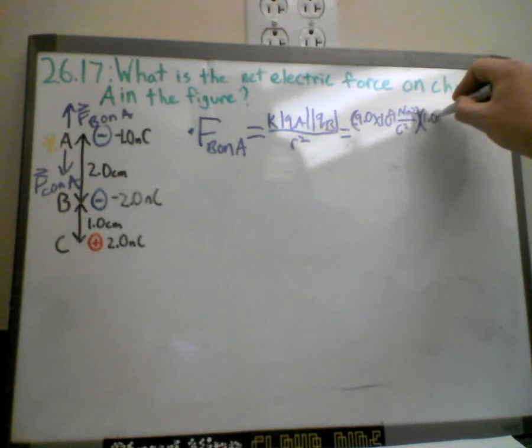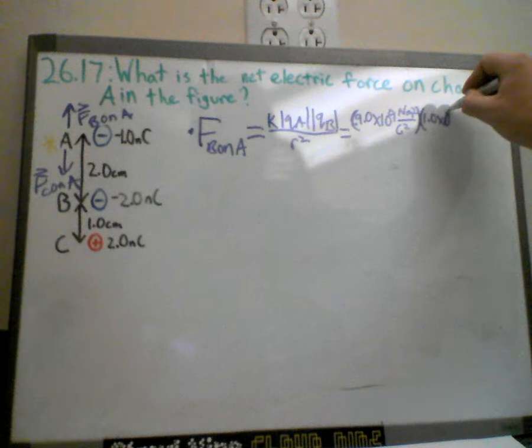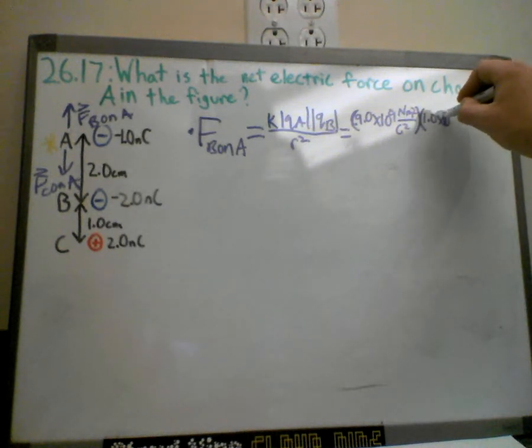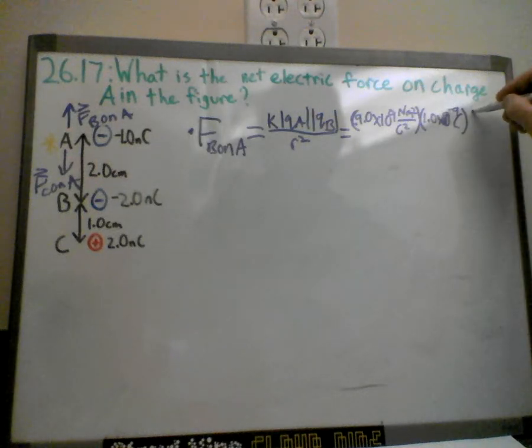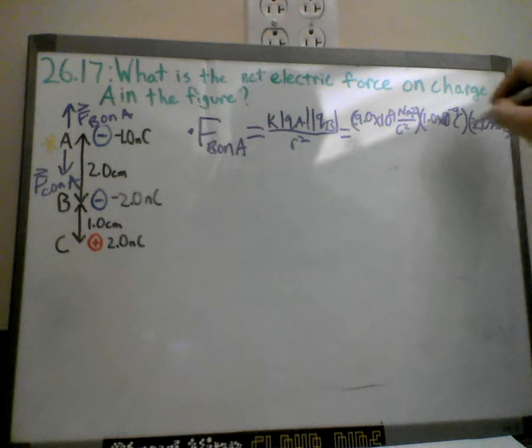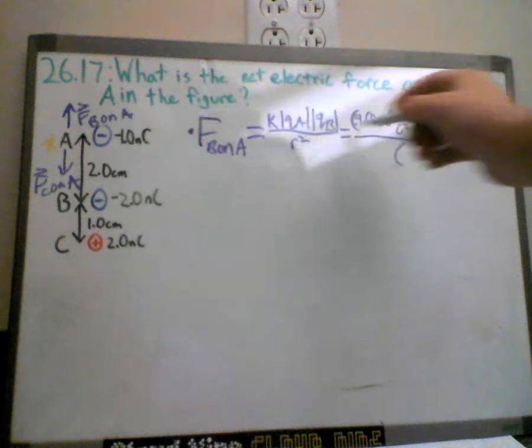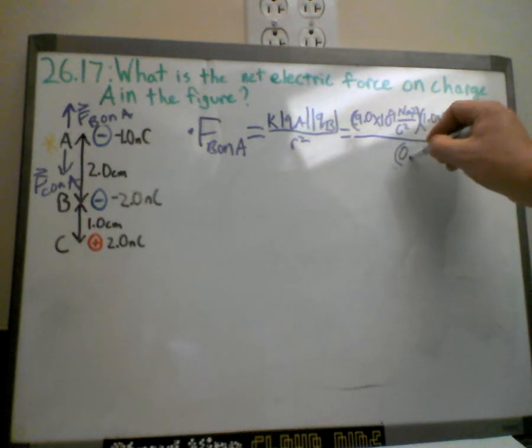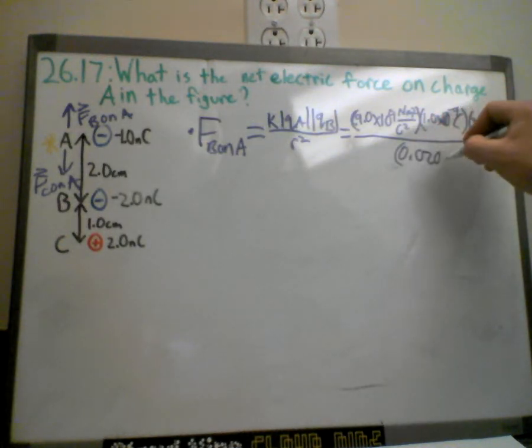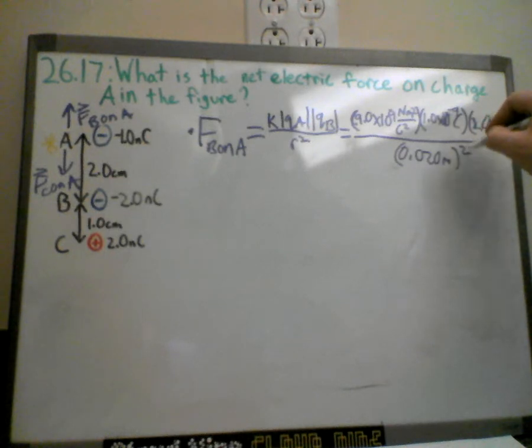Multiplied by 1.0 times 10 to the negative 9th coulombs times 2.0 times 10 to the negative 9th coulombs. All divided by 2.0 centimeters squared, which is 0.020 meters squared.